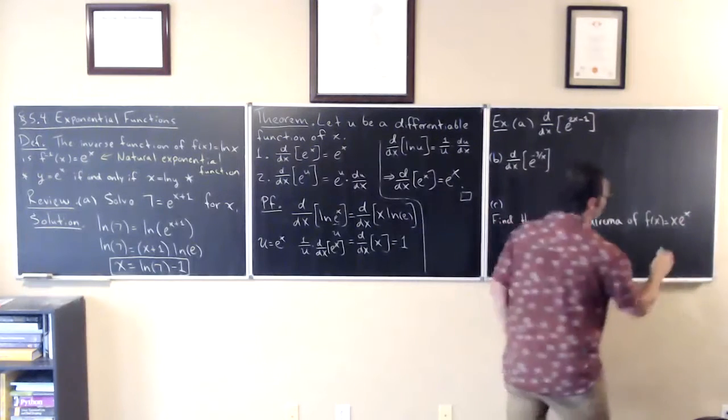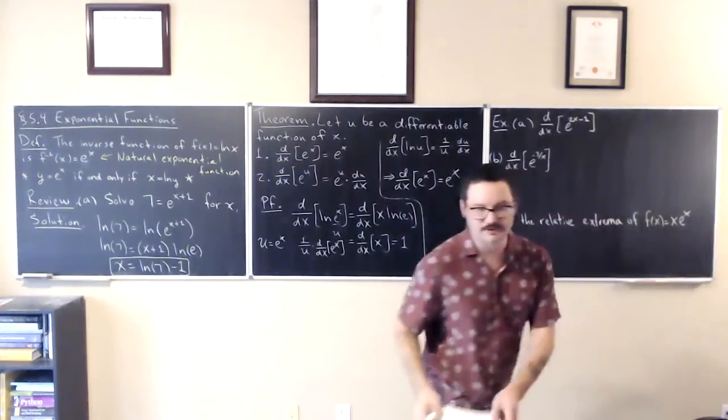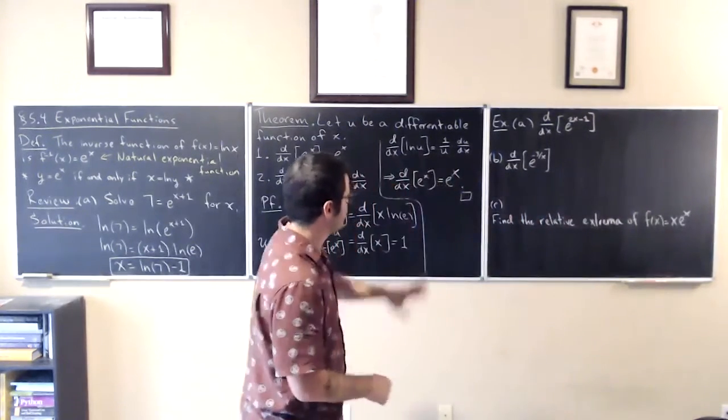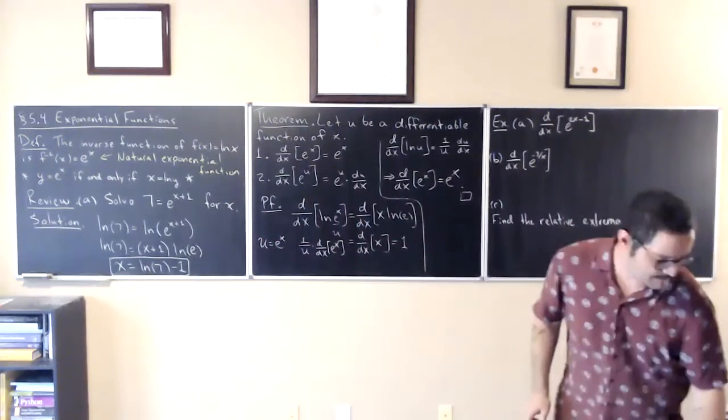I'm sure you can read that. Okay, so I'm going to go ahead and pause the video and let you work this out, and then we'll write out the solutions in about 5 minutes.